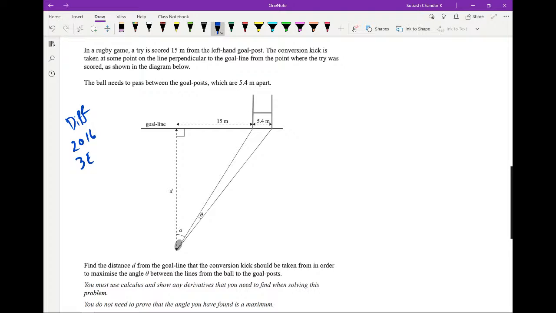Maximize the angle theta. That is stink that they make you guys do this, but anyway, sorry, I'm just going to come back to this.